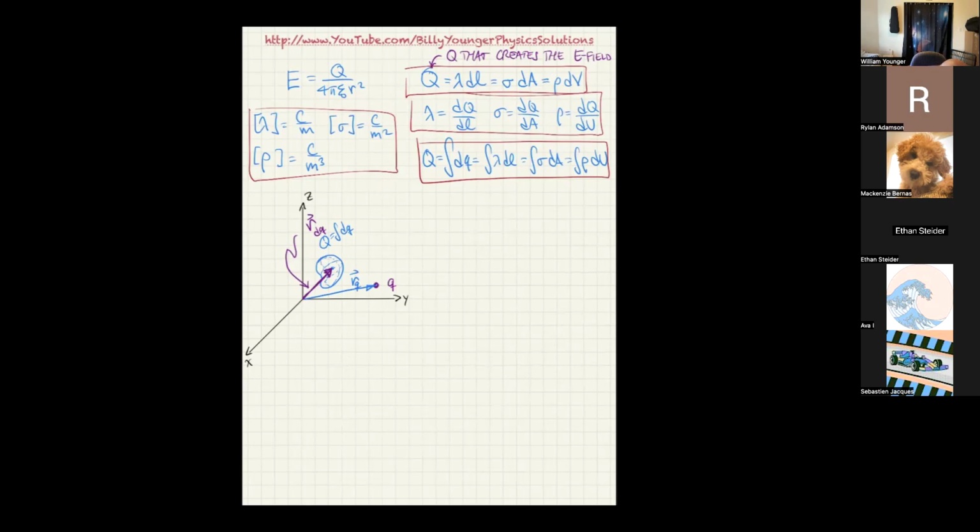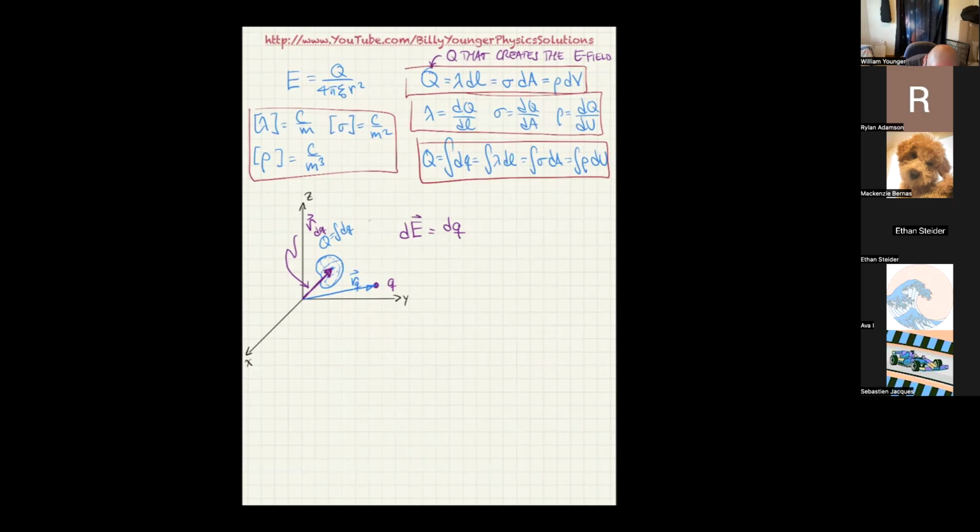So what we can do is say dE, the differential segment of the electric field. In other words, the electric field that's due to a very infinitesimal section of charge dq is dE. And that's going to be given by dq. Actually, since I called that other one lowercase q, I probably should call this one upper q.